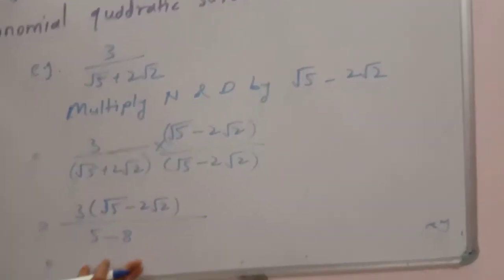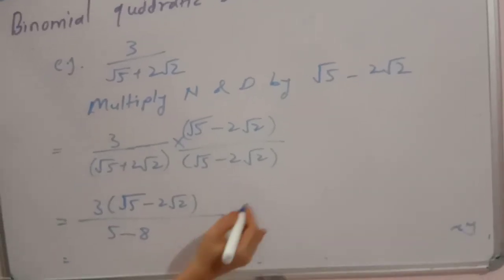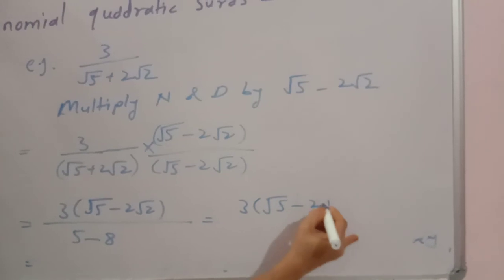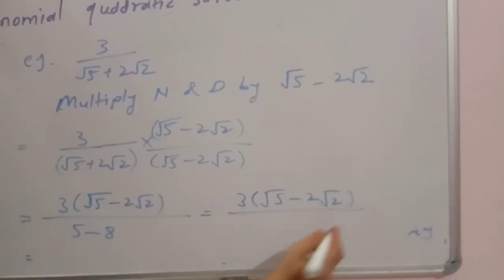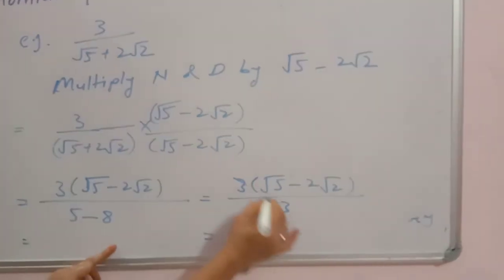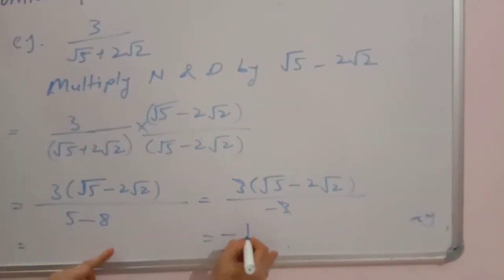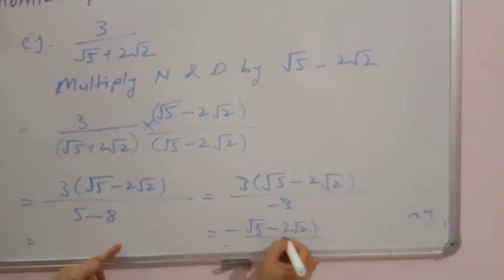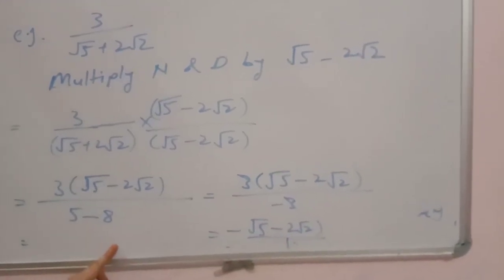It is 3 multiplied by root 5 minus 2 root 2, upon 5 minus 8, which is negative 3. Then this will get cancelled, leaving root 5 minus 2 root 2 upon, you can write 1 or no need to write.